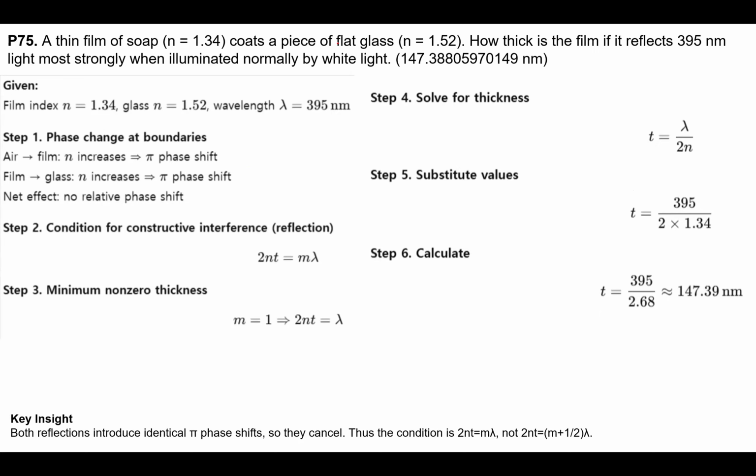The key point is soap on a flat glass, so that it is n1, 2, and 3. There is a pi phase shift here, and another pi phase shift, so pi plus pi is 2 pi, which means there is no relative shift. Then you utilize the constructive interference relationship, and you can find what t is.